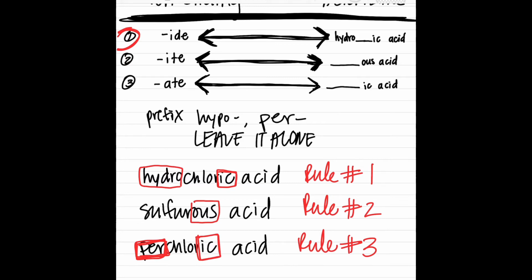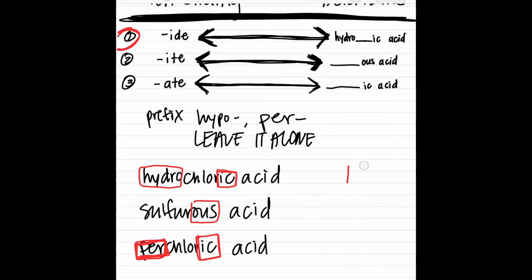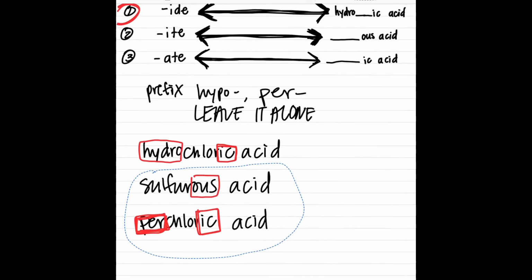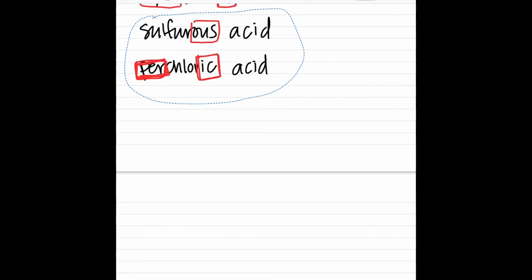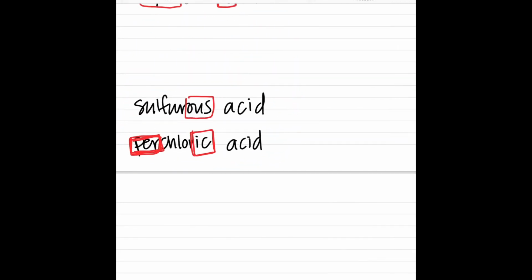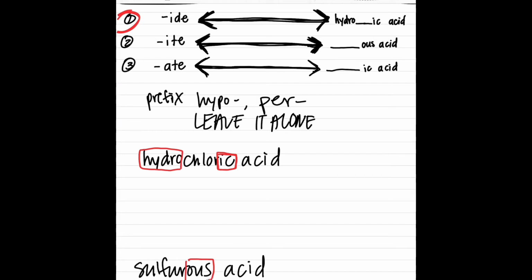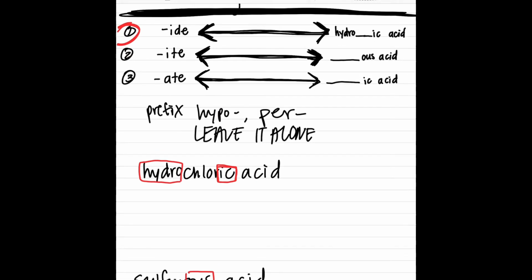Now, what I'm going to do is walk you through how to write the formula for these. I'm going to bring some of these down a little bit so we have a bit more room. Hydrochloric acid, we decided that that was rule number 1.